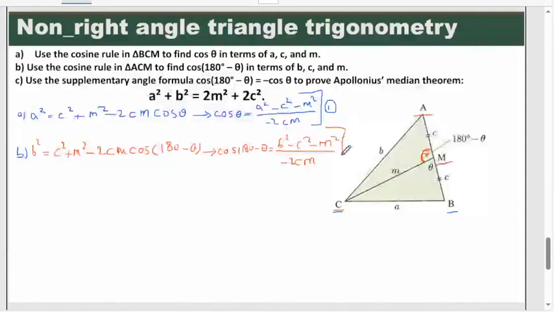So it's my part B and the answer of part B. I will go for part C.